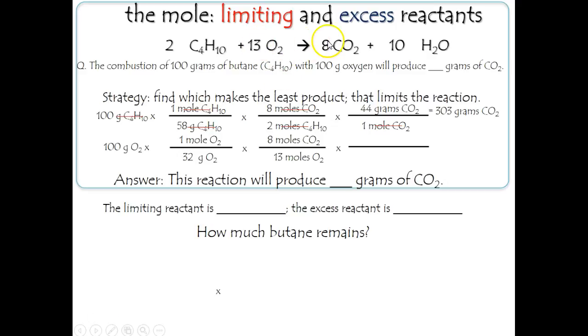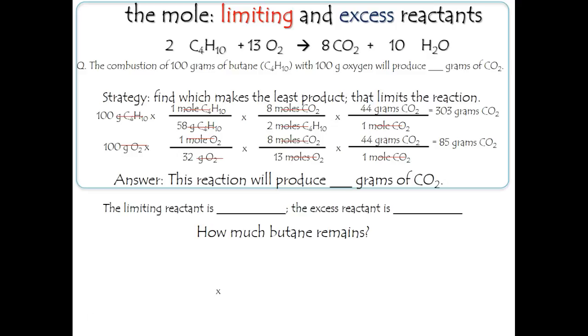See the 13 and the 8? That's where they each came from. So you have a reducing factor there, which tells me that that's going to be a limiting factor almost certainly. And a mole of carbon dioxide still weighs 44 grams, so we only have enough oxygen to make 85 grams of carbon dioxide. That's going to be where the reaction stops because you've run out of oxygen and the butane can no longer burn.